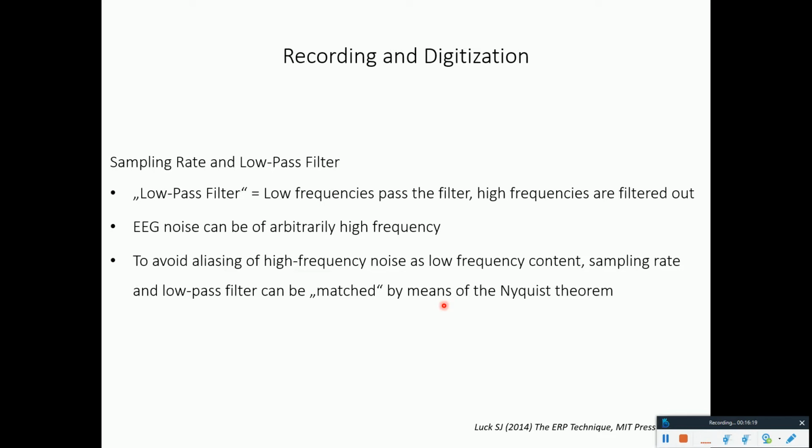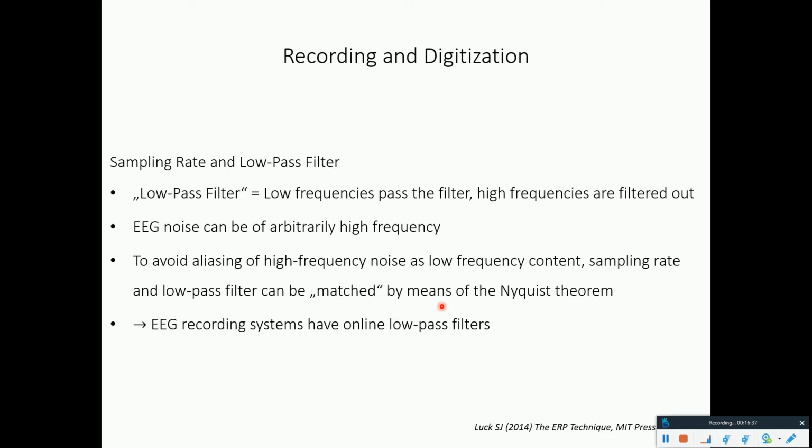So then there's no danger that any high-frequency content aliases to low-frequency noise in the sample. And that's this matching between the sampling rate and a low-pass filter.